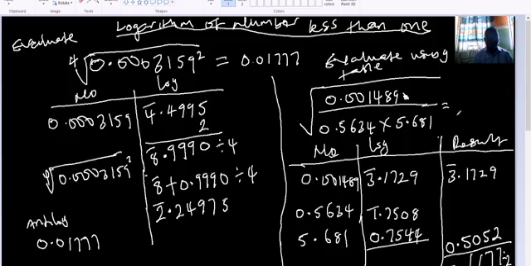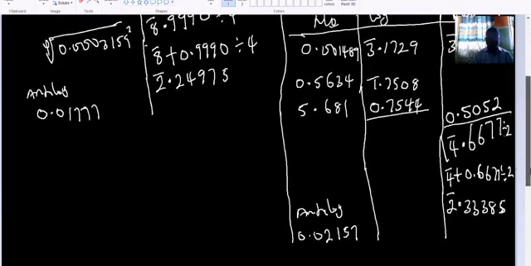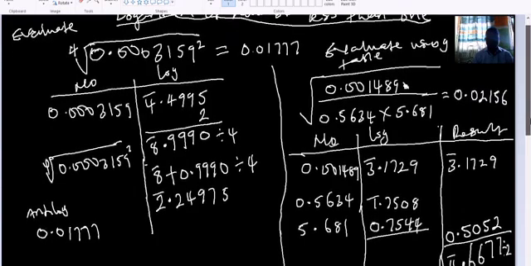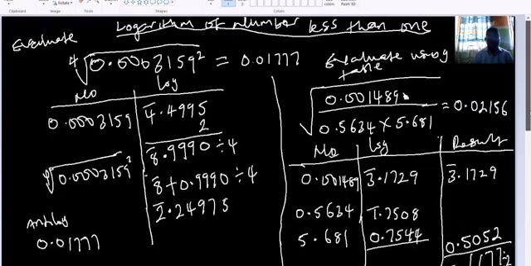Then what is the square root? So the square root is 0.02156. So check it with this one. It's still the same thing. So you have 0.02156 here. Okay, approximately.